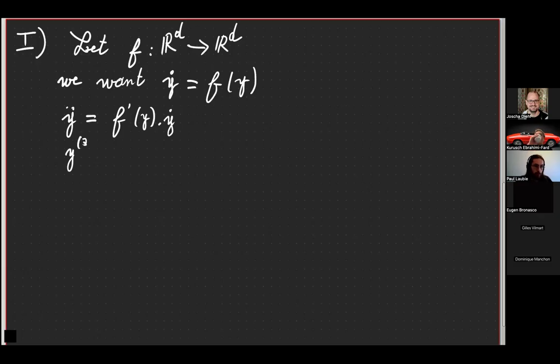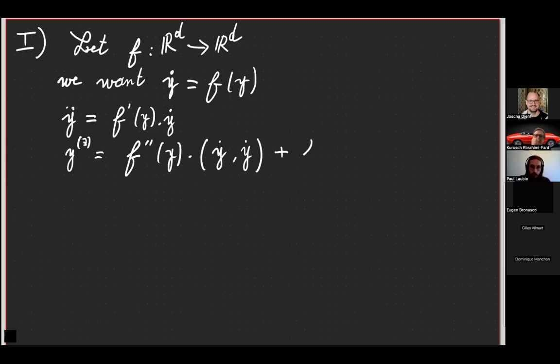If I want to compute the third derivative of y, I just need to apply the chain rule. So now f second is bilinear, so I need to give it two vectors. And of course, this is not the only part. I also have these other parts.